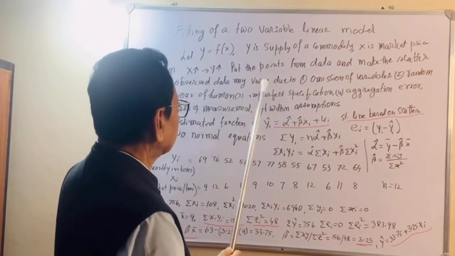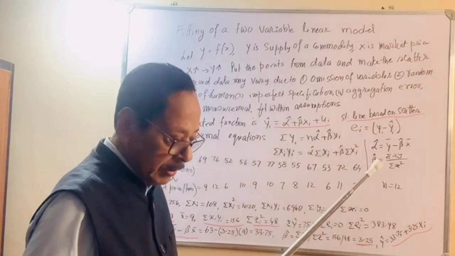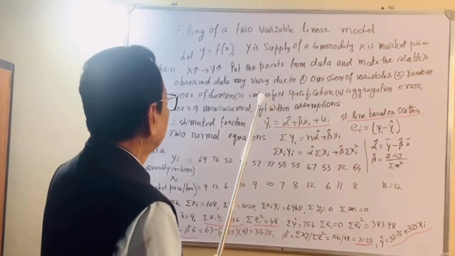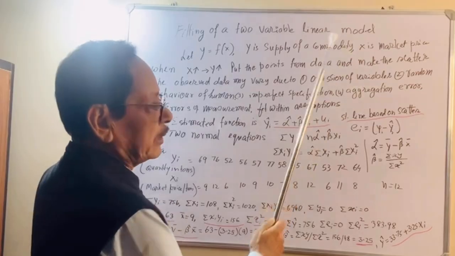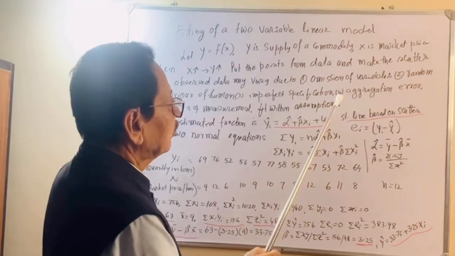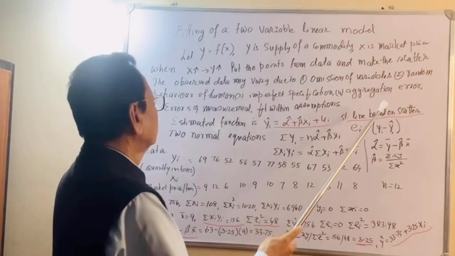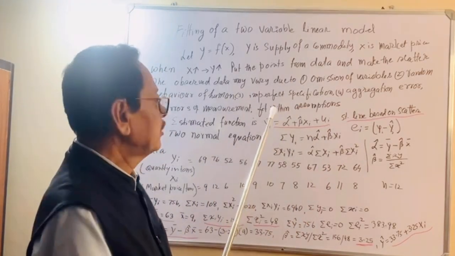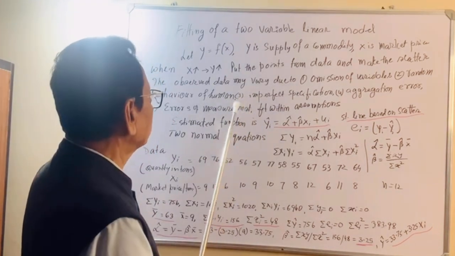Now the observed data may vary, because when we fit the function, there will be error. Why error? The observed data may vary due to omission of variables. Some important variables may be omitted. Then random behavior of humans: human behavior is random and response may not be so good.